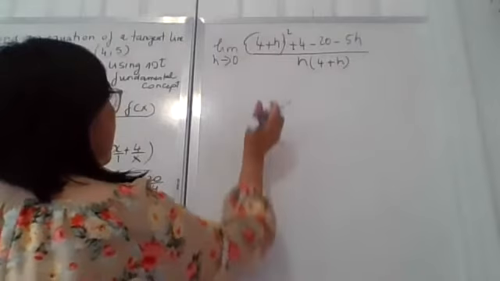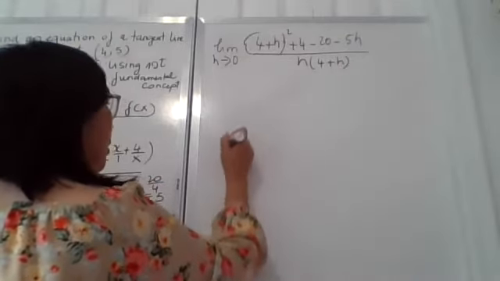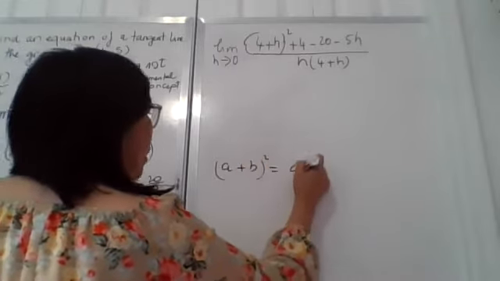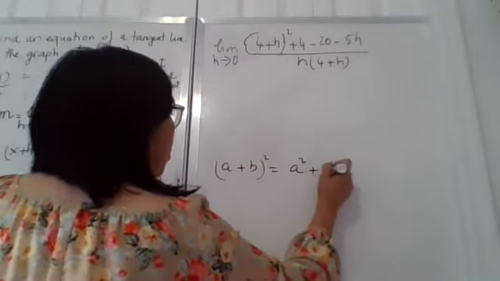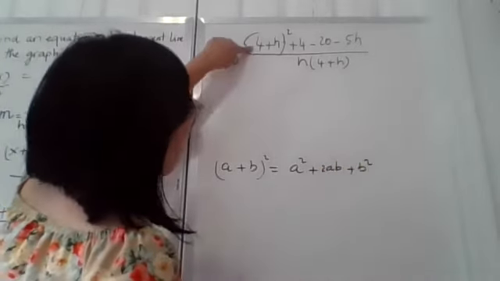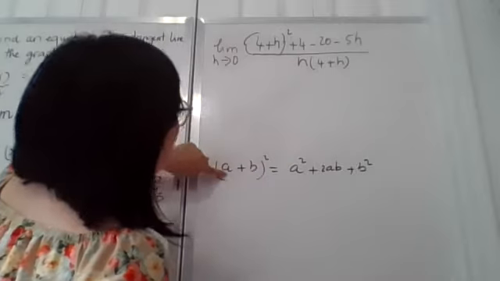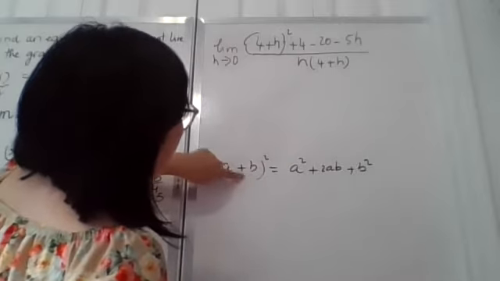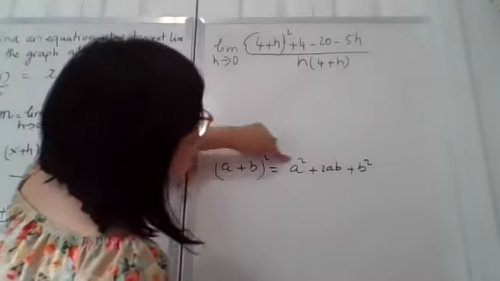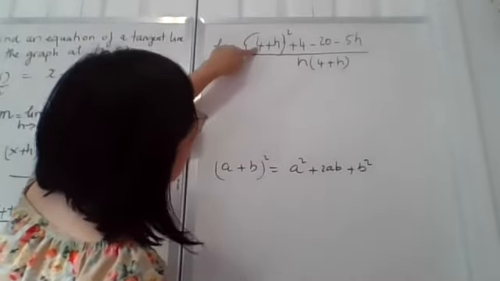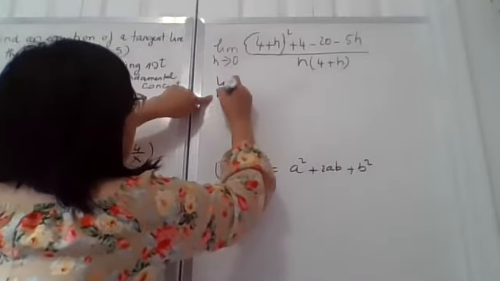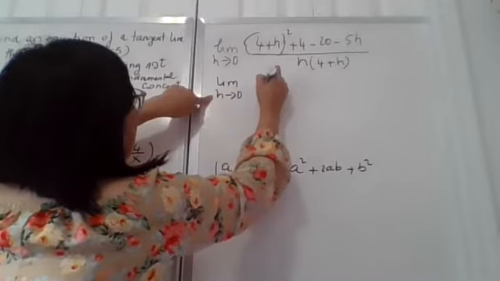And when I expand this bracket, I use the formula (a plus b) all squared equals a squared plus 2 times a times b plus b squared. So this is 4, and this is h. Your a and b is 4 plus h, right? All of them squared. Follow this right-hand side. You have 4 times 4, which is 4 squared, which is 16.